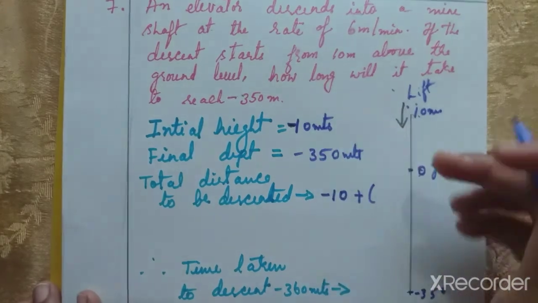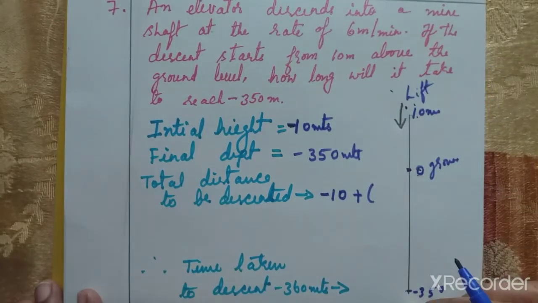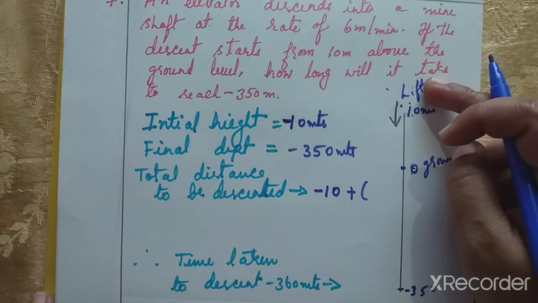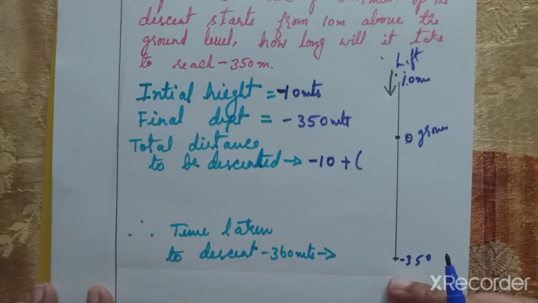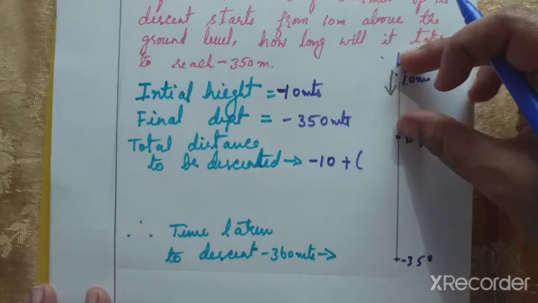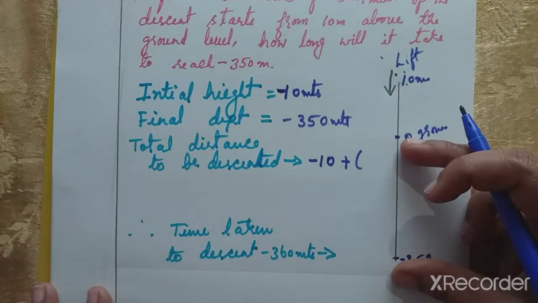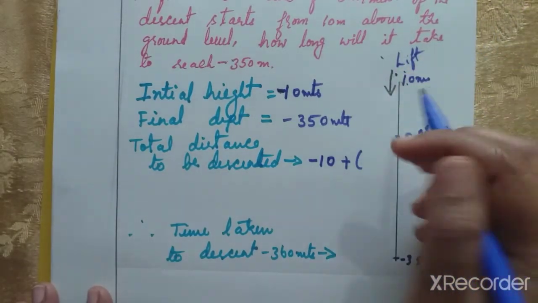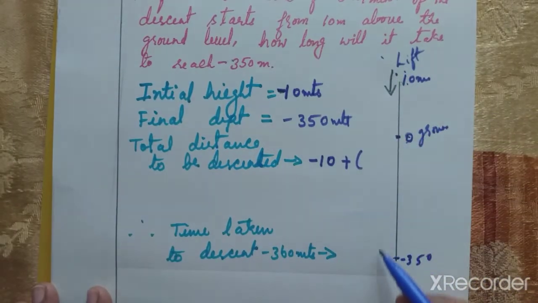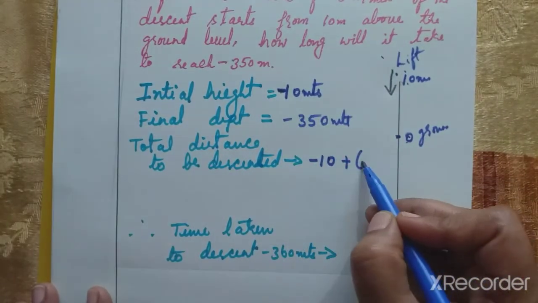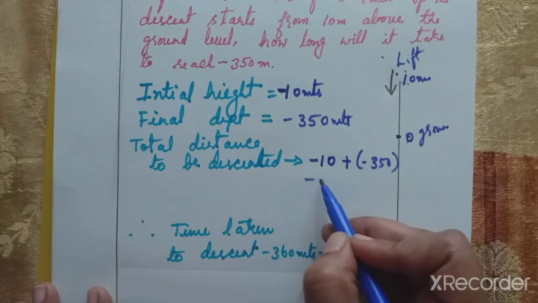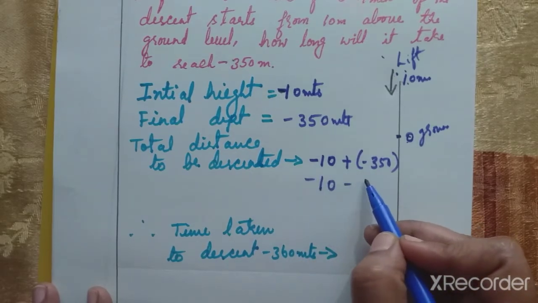So total distance to be descended: minus 10 plus, from the top floor to here, minus 350. What is the distance we have to find? We have to add from here to here and then till here, the total measure. So we are coming down, so minus 10 and minus 350. Minus 10 plus into minus is minus 350.